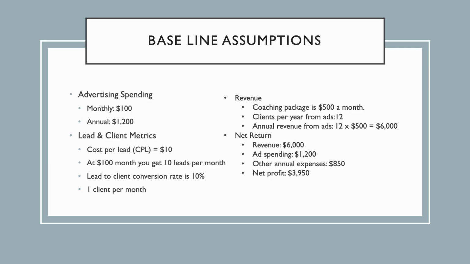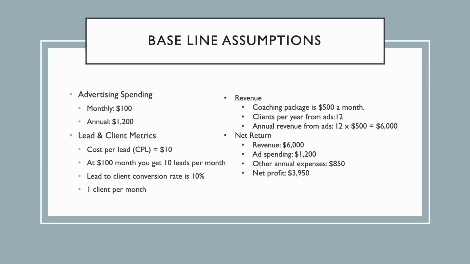Doing a quick Google search, it shows that the CPLs will range from $10 to anywhere up to $500. For this model, we are going to assume that the CPL is $10. With a monthly ad spend of $100, this gives us an estimated 10 leads per month, because we just took that 100 and divided it by the 10.